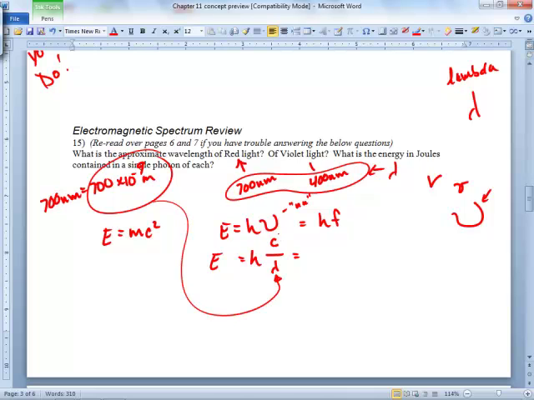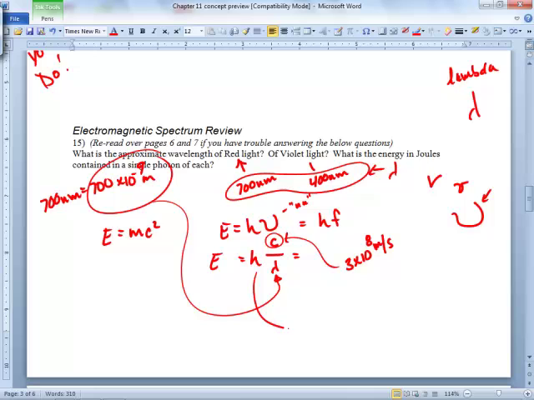Little c is 3 times 10 to the 8th meters per second. You can always just Google it if you forget.